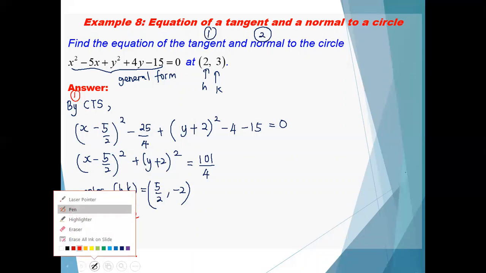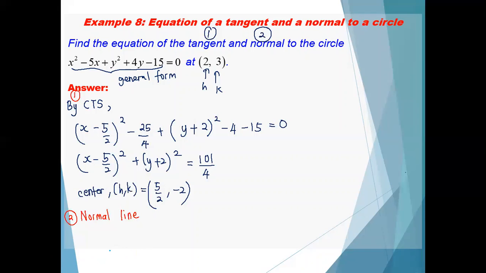So, kita pakai formula mana? Kita ada satu point saja. Kalau kita pakai intercept form. Okay, kita pakai gradient form.